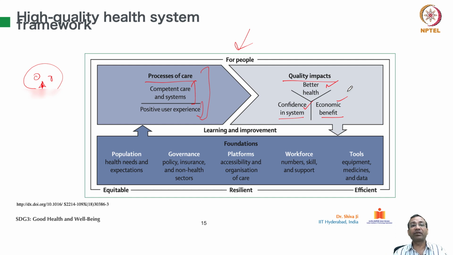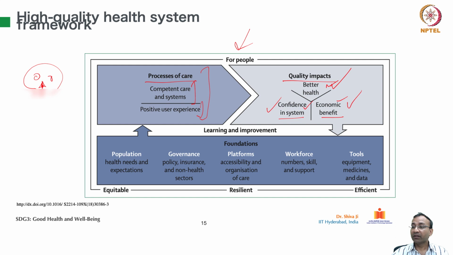Well, it did not collapse, but it was very highly pressured, right? So if that system has the resilience capacity to meet such demands, we will have confidence in the system, which will lead to better health and care, and finally economic benefit also, because healthy people will contribute more, diseased people are going to be the burden, right?